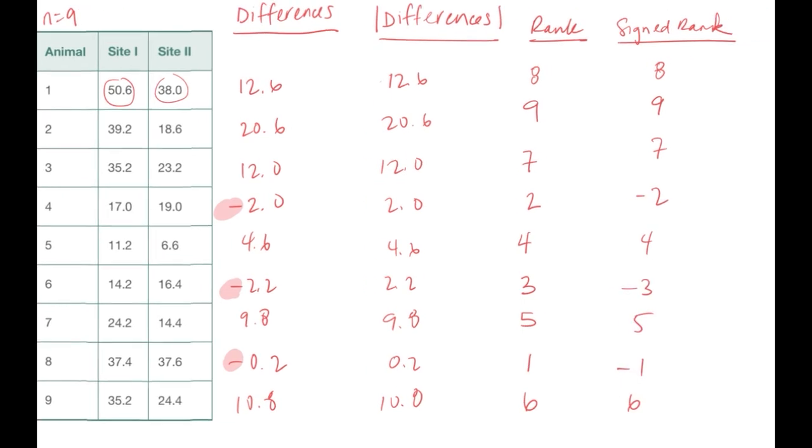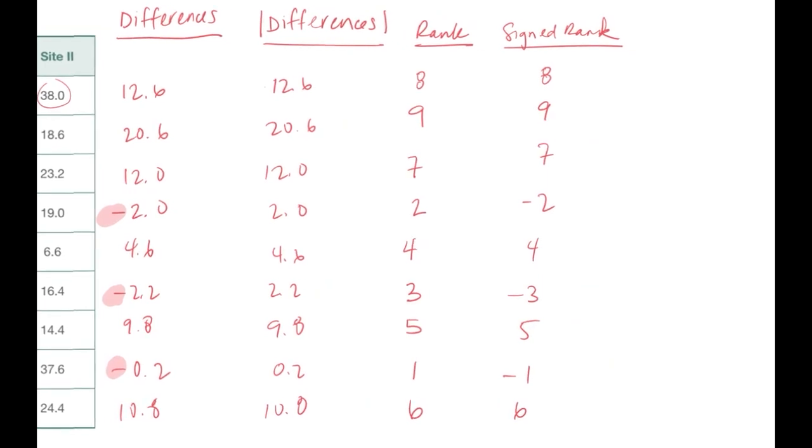Now we will actually formulate the test statistic here, and that is W plus, which is just the sum of all the positive ranks. So the positive ranks are the ones that 8 plus 9 plus 7 plus 4 plus 5 plus 6.